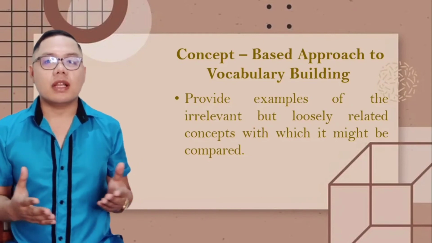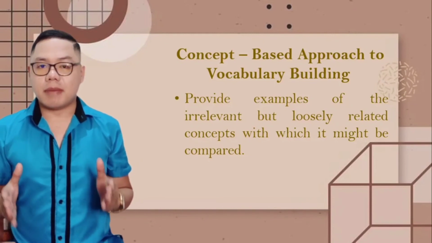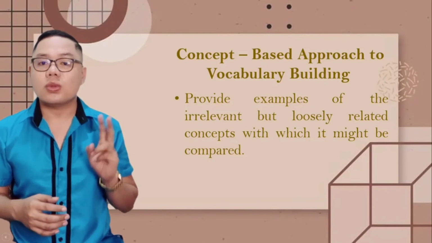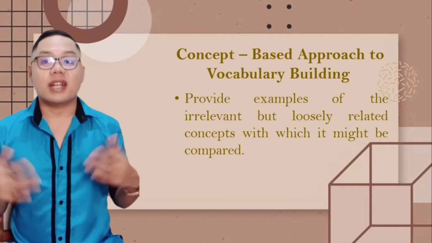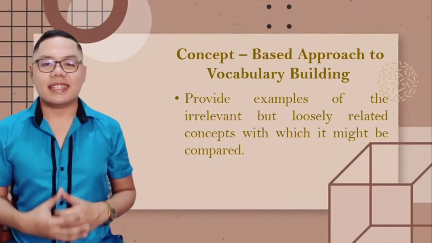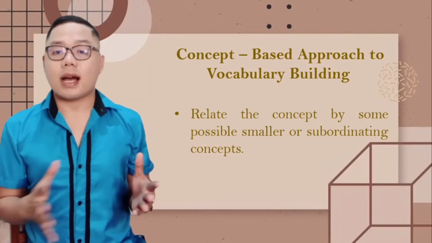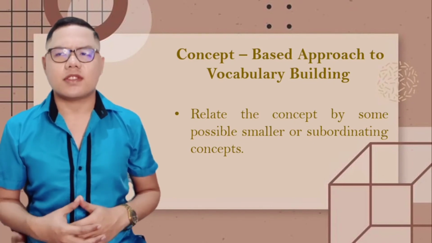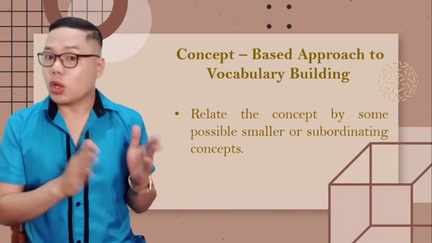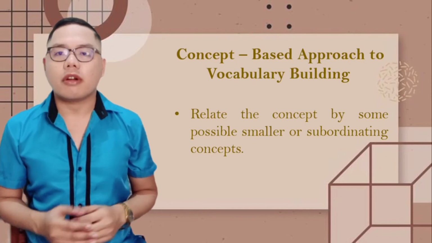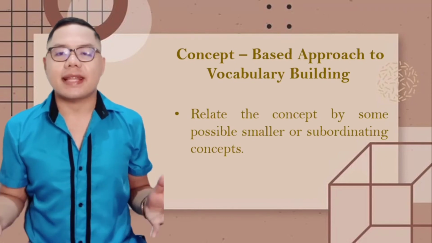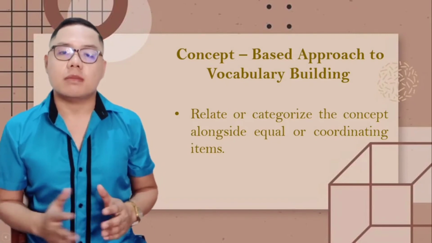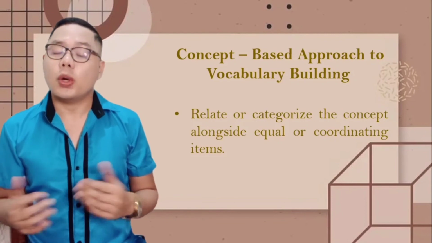So for example, providing non-examples based on possible misunderstanding of the two concepts, such as a two-dimensional drawing of a circle, right? So number 4, we have relate the concept to some possible smaller or subordinate concepts. So for example, relating the globe to a ball or egg or moon, things like that. Then number 5, we have relate or categorize the concept by some possible larger or superordinate concepts.